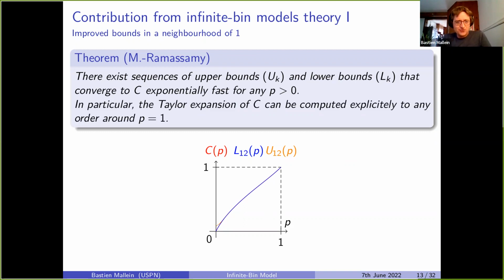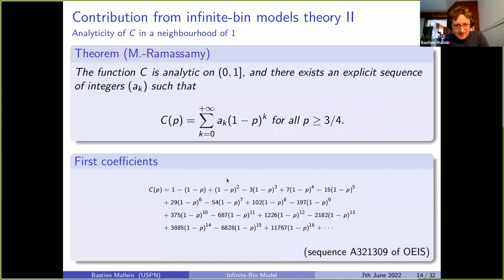But we got a quite long Taylor expansion. For example, it's this one over here: 1 minus p plus (1 minus p) squared, and you have minus 3 plus 7 minus 15 plus 29 minus 54, etc. And this sequence, we registered it to the Open Encyclopedia of Integer Sequences.